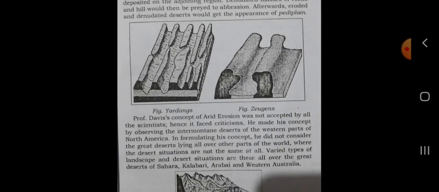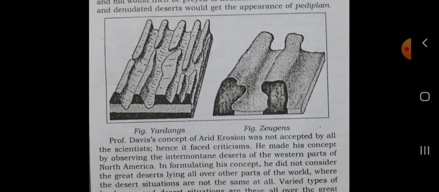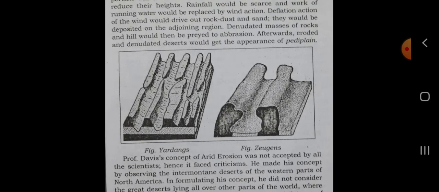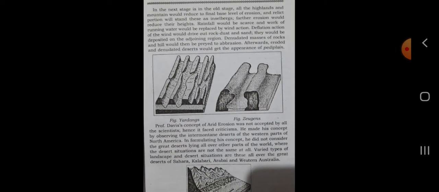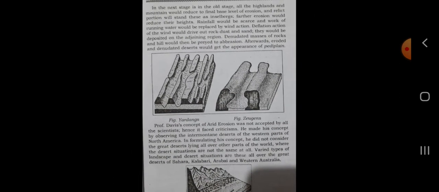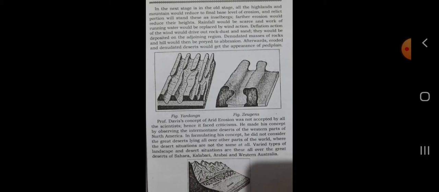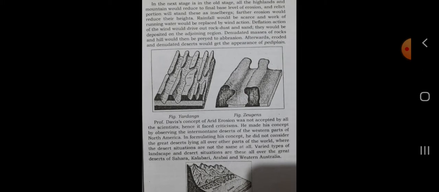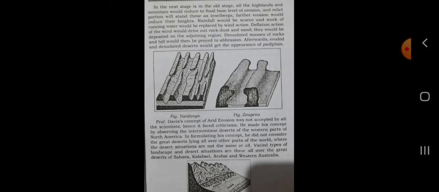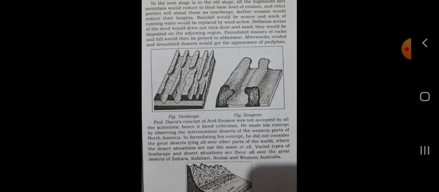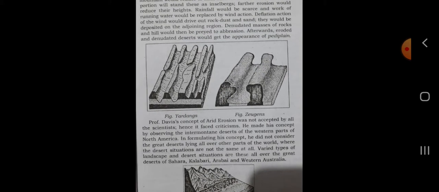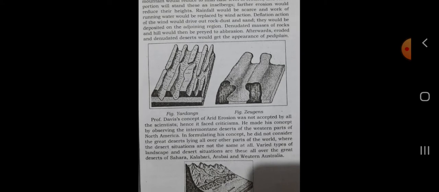So what happened next? The next stage is the old stage. All the highlands and the mountains would reduce to the final base level of erosion, and relict portions will stand as Inselbergs.